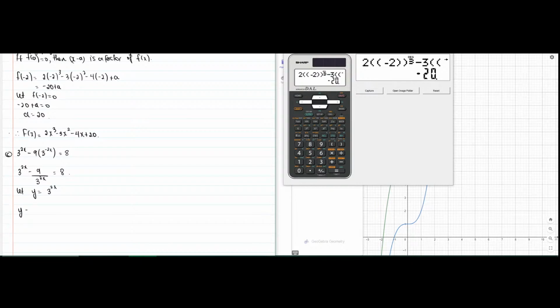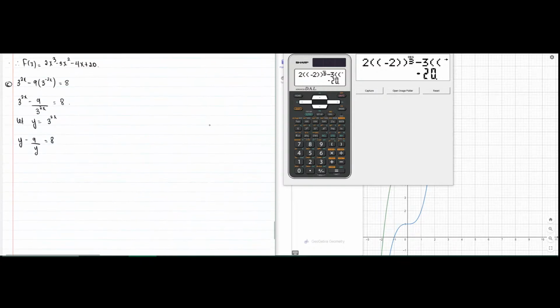So I have y minus 9 over y is equal to 8. If I multiply throughout by y, I get y squared take away 9 is 8y. y squared minus 8y minus 9 is equal to 0.